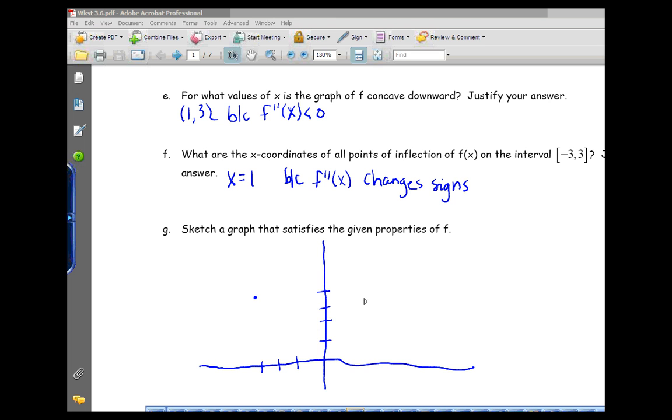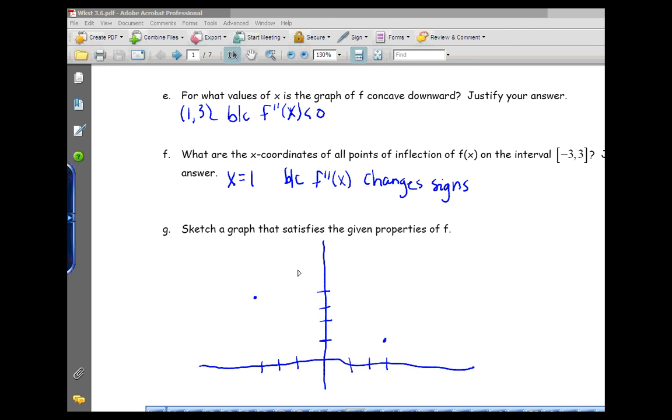And I'm told that f of 3 equals 1. All right, the next thing that I would probably do is try and put in my extrema. So I know that I have a maximum at, what, x equals negative 1?